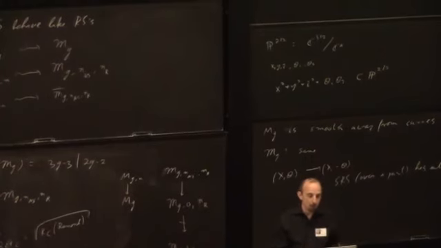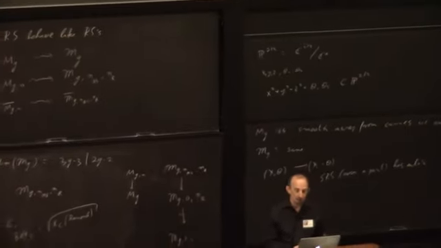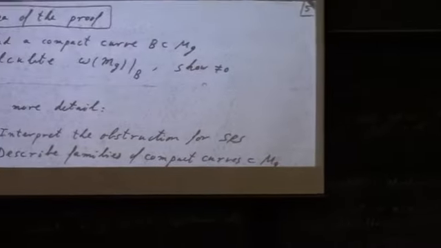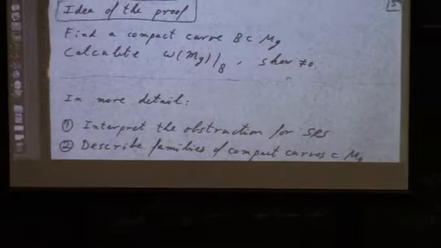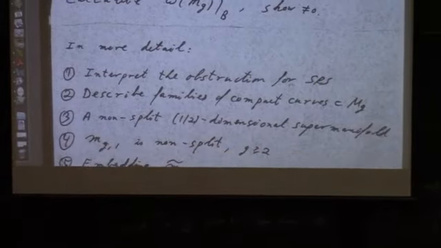So maybe we can just find a compact curve B inside moduli space, take omega, the obstruction class, restrict it to B, calculate, show that it's not 0. Maybe show something about the normal sequence, and we win. Well, that's roughly the idea. You need to add a few more details here.